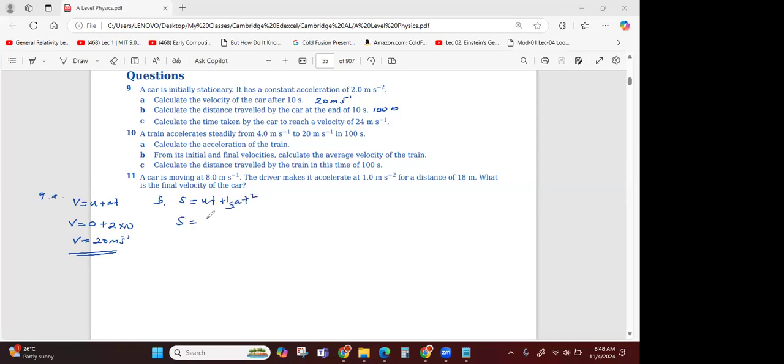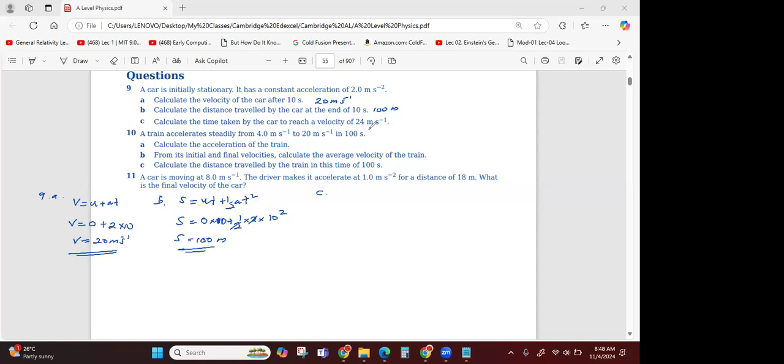So S equals u is 0, 0 into 10, plus half into 2 into 10 squared. So 2 and 2 cancel. 10 squared is 100. So S equals 100 meters.